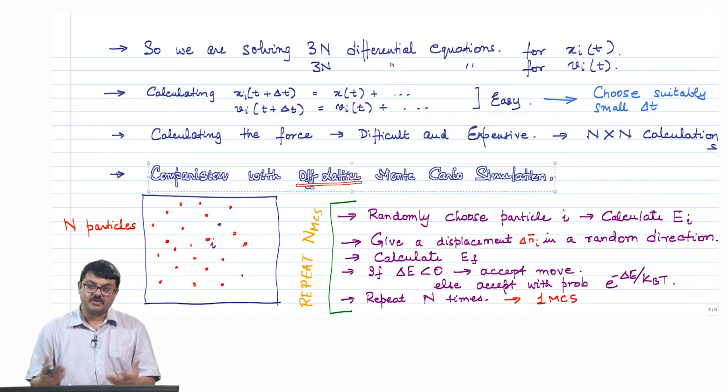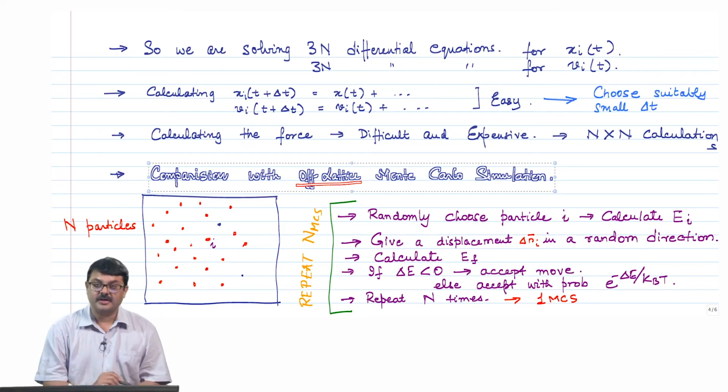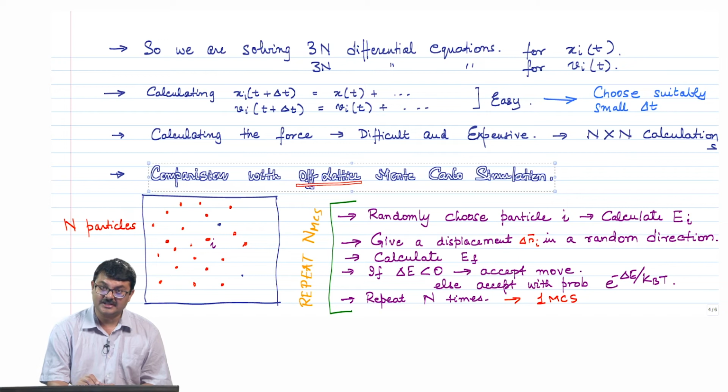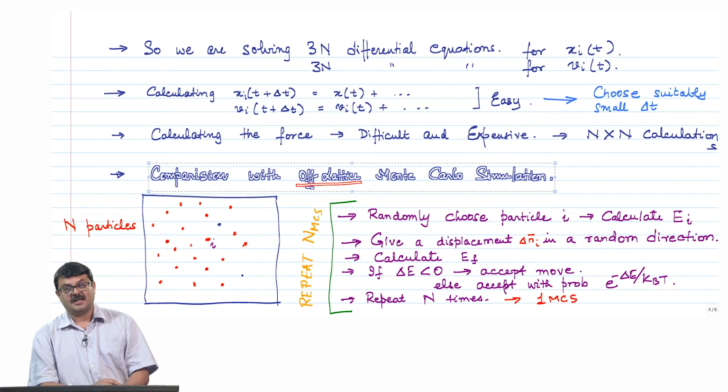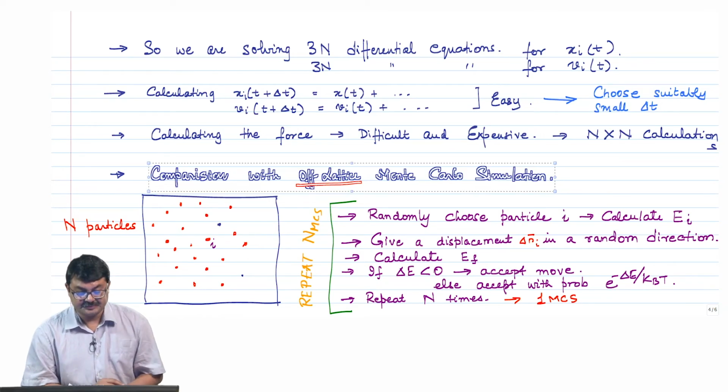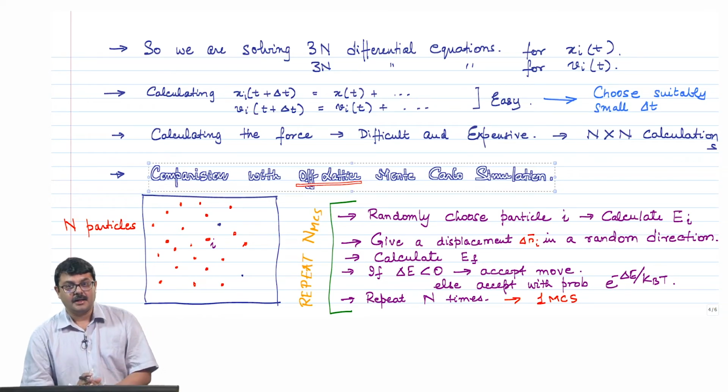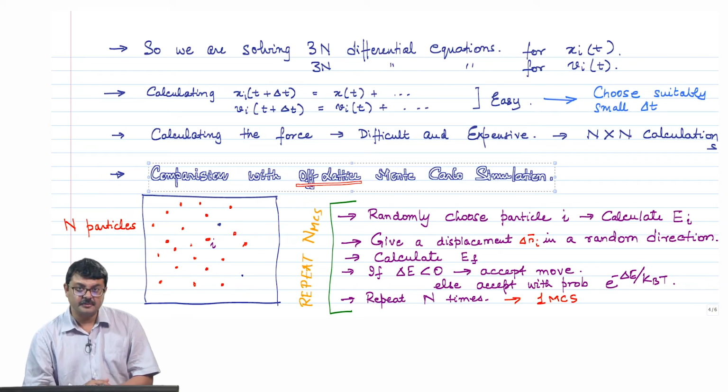But you could also look at a system of interacting particles by Monte Carlo simulations. If you have potentials and particles can move around in space, you can have an off lattice Monte Carlo simulation as well. So, let me compare what advantages you have with Monte Carlo simulations and with molecular dynamics simulations.